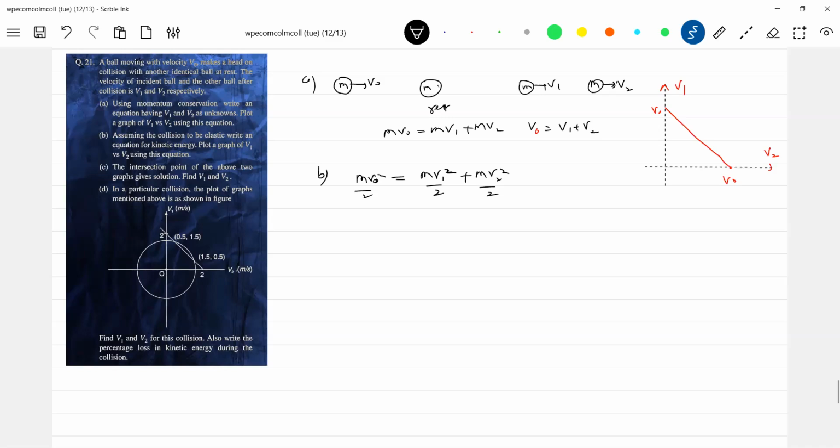So this equation will be like some sort of equation of a circle. This is v1, this is v2, this will be v naught.